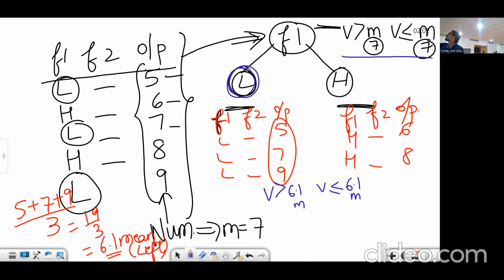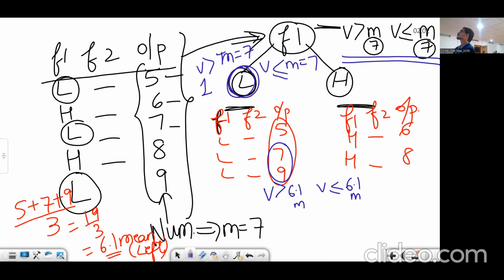See, here we have found out number of values which are greater than 7, we need to find out. So how many there are such values? Number of values greater than mean equal to 7. There is one such value. And values which are less than or equal to mean equal to 7 are 2. That means 5 and 7 and 9.